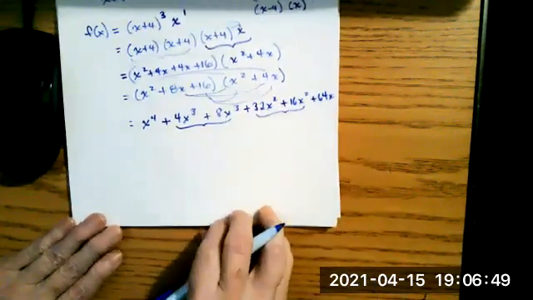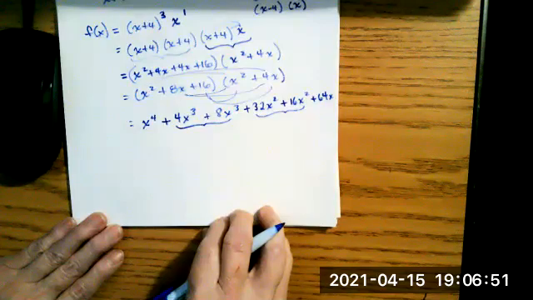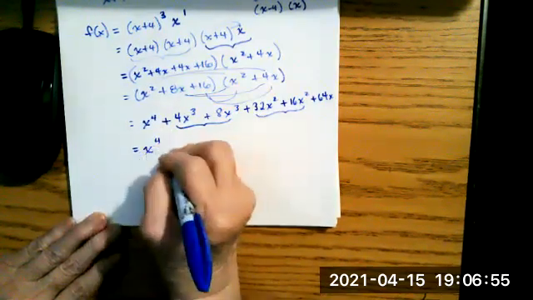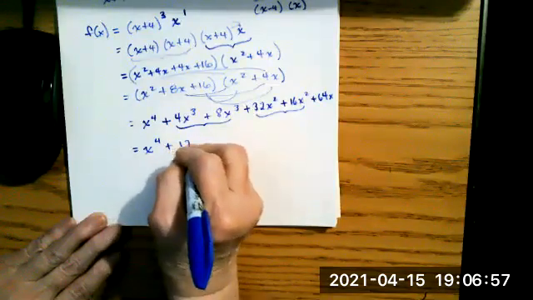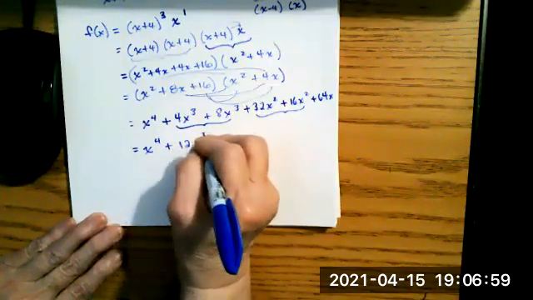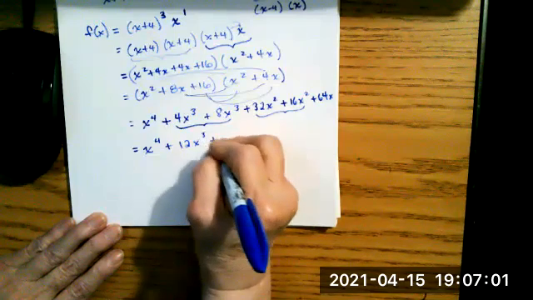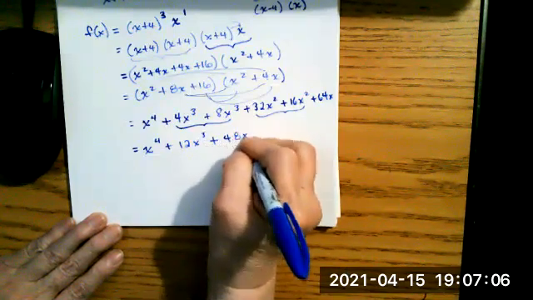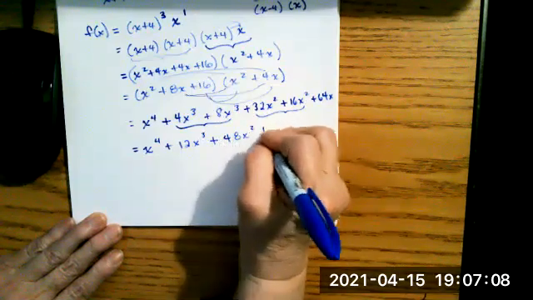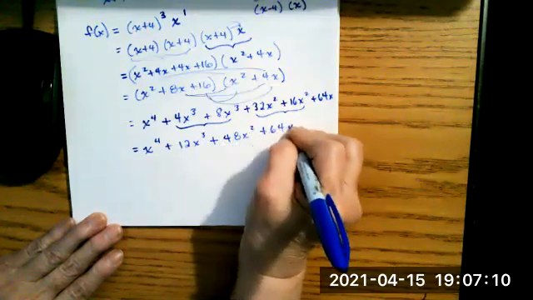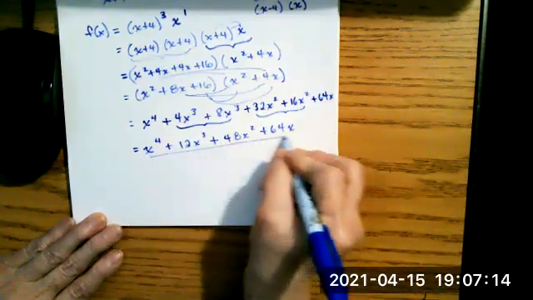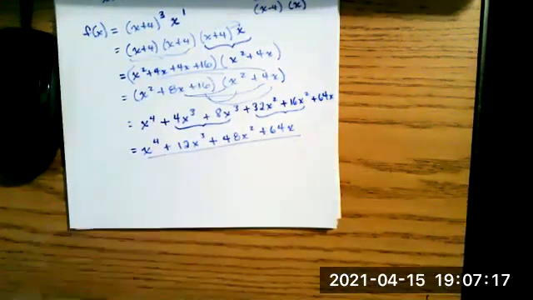So I've got a couple of cubed terms there and a couple of squared terms there. So I have x to the 4th plus 12x to the 3rd plus 48x to the 2nd plus 64x. Okay, that's going to be my answer right there. Any questions on that?